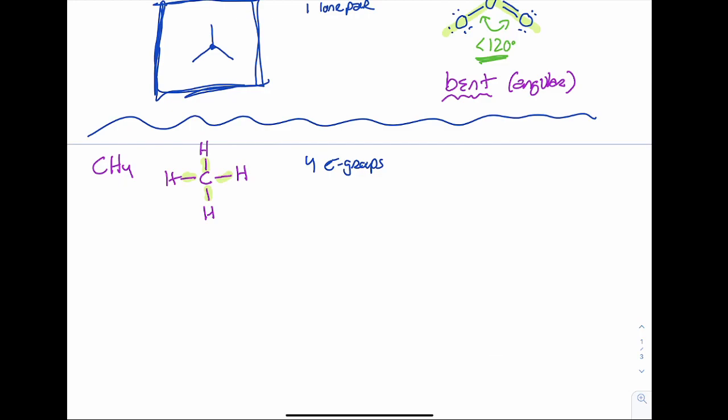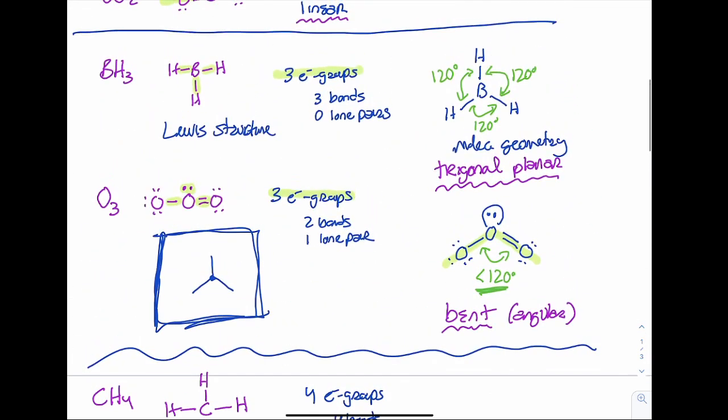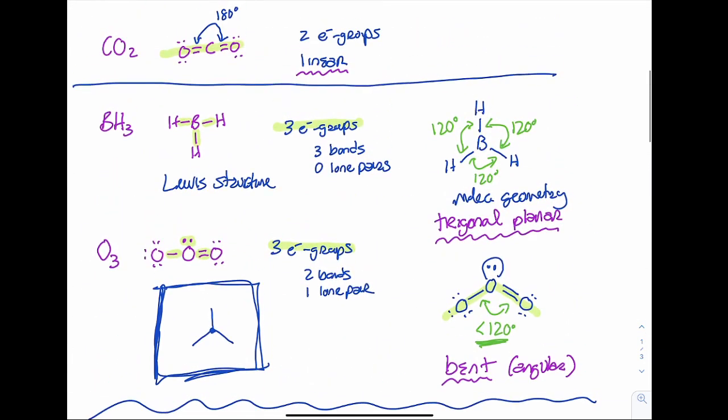All of them are bonds, so 4 bonds, 0 lone pairs. And for this one, this is going to be the first one where we need to remember that the world is not planar, right? It is not flat. Everything we've drawn so far has been planar, right? Nothing coming up at us, nothing going back behind, but we do have that space available to us.